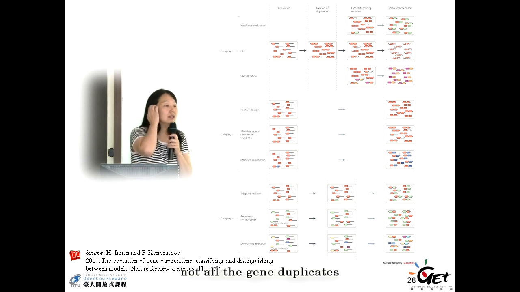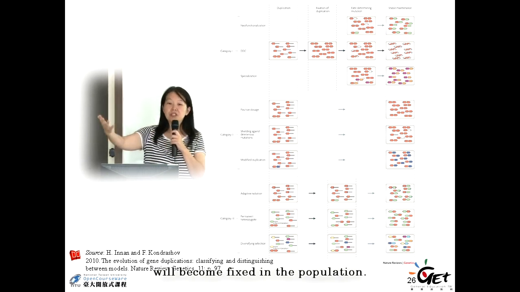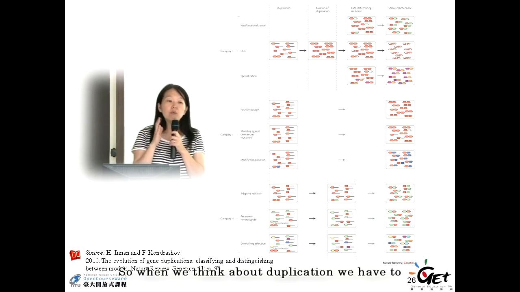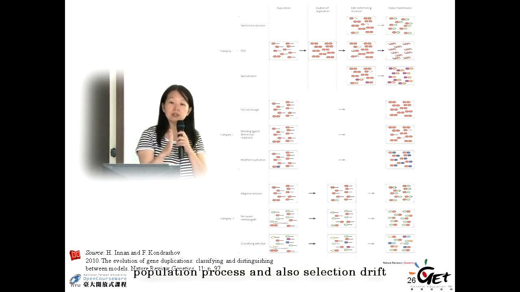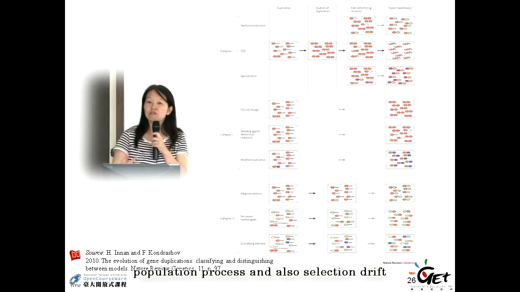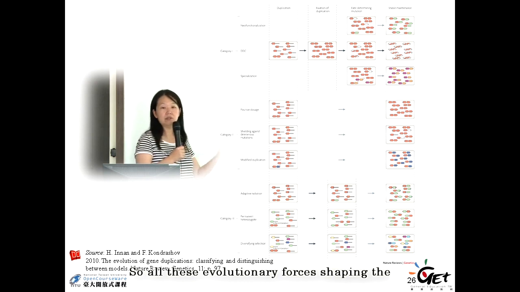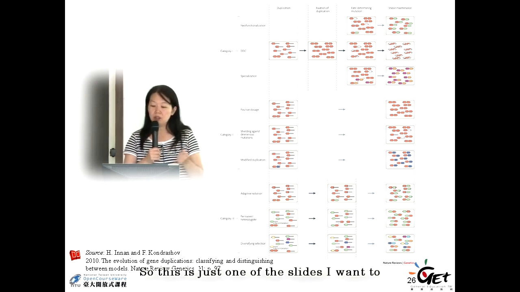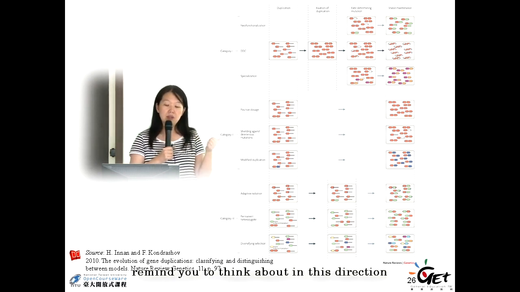So not all duplicated genes will become fixed in the population. It's just like other mutations. So when we think about duplication, we have to think about other processes, like population processes, and also selection and drift. All these evolutionary forces shape the final outcome of the duplicate. So this is just one of the slides I want to remind you to think about in this direction.